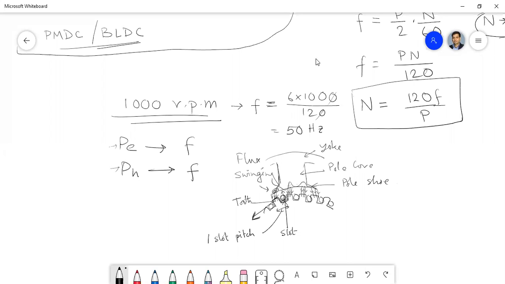Due to this change in flux, the pole shoes are generally laminated because eddy current losses would be there. Sometimes it is not possible to differentiate the pole core and pole shoes. It is an integrated thing, so then the pole cores are also laminated.